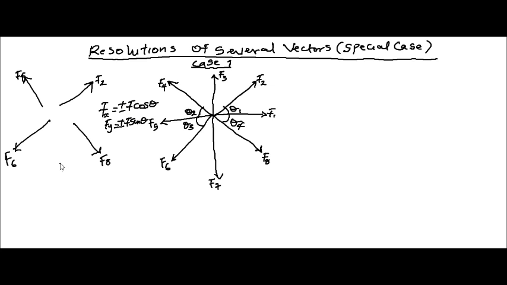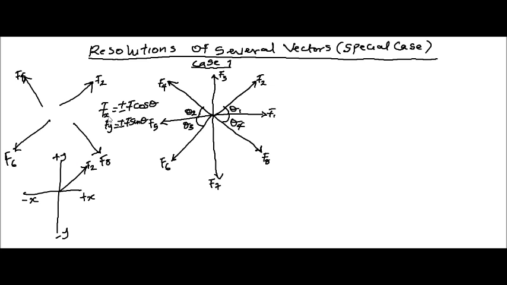Now this is how you know. Remember this coordinate: this is positive y, this is negative y, this is positive x, and this is negative x. Now for example, if we want to resolve f2, it is along positive y and negative x, which implies that if I'm going to resolve it, the x component is positive.